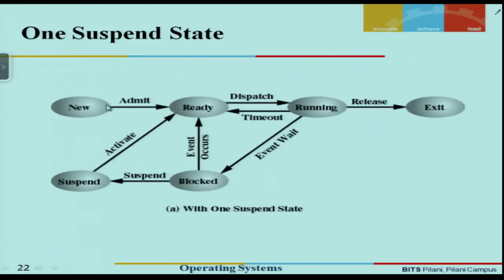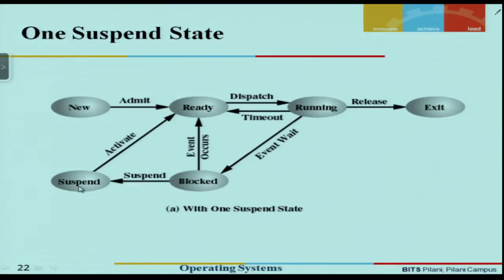We have seen a 5-state transition diagram. We understand how the transitions would occur and what the valid transitions are. Now in this particular model, there is one additional state, the suspended state. We have a set of processes which are in a blocked state. The operating system chooses one of the processes and swaps it out, puts it onto the hard disk, and we call this state the suspended state.